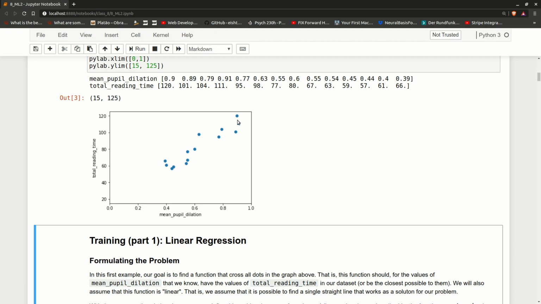And we also want the distance between the line and this other data point to be as small as possible, and the distance between the line and this data point to also be as small as possible, and so on. So we want the line to be as close as possible, or in other words, to have a distance as small as possible to these data points.